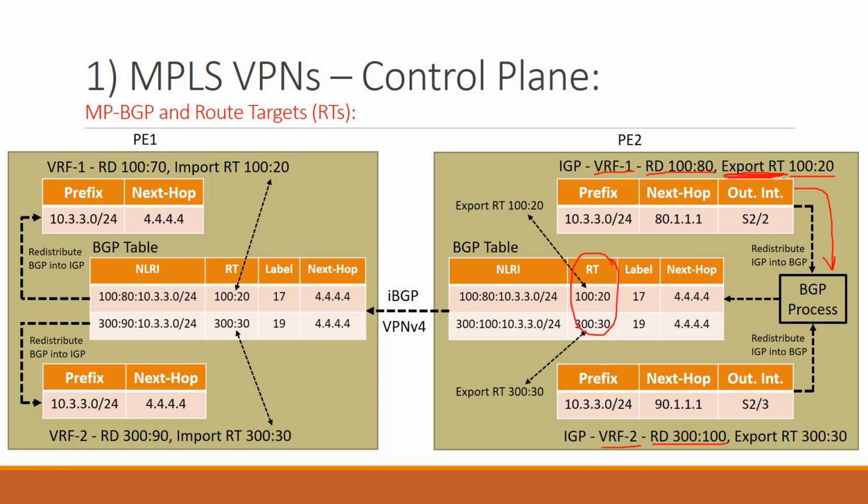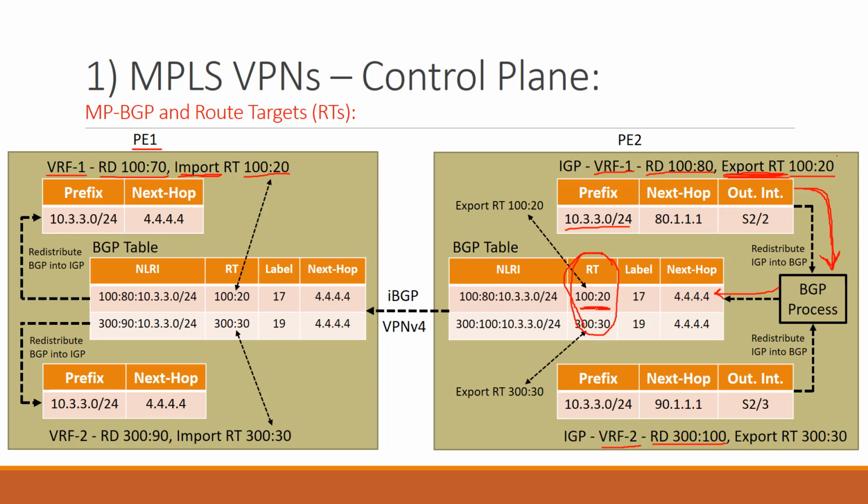So this is the export route target. Inside PE1, it has VRF1 with route distinguisher 100:70 and import route target 120. This prefix that will be redistributed into BGP and added to the BGP table will have the export route target associated with the BGP entry.